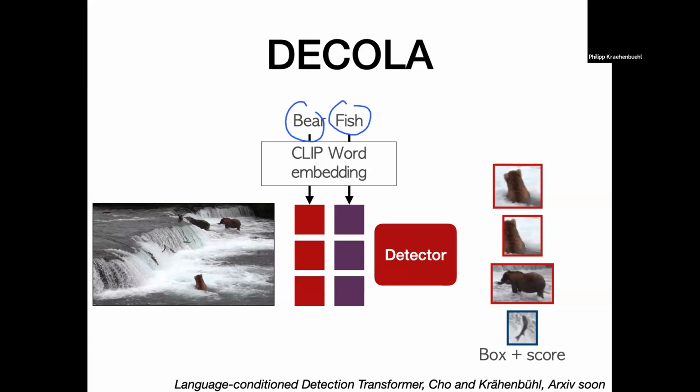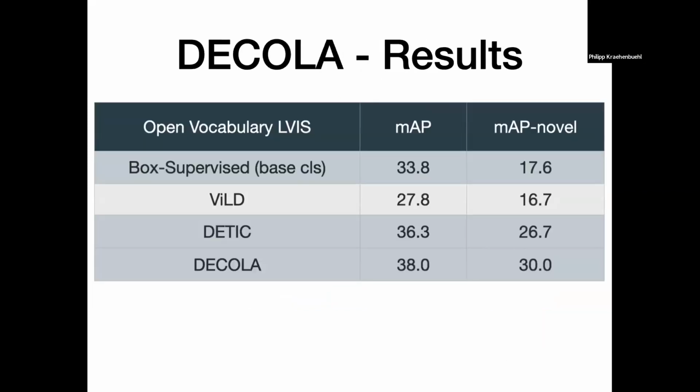Each of the queries is now conditioned on the vectors of the language model. So if you want to reason about bears, we'll produce some queries that specifically look for bears in this image. Now we train it exactly the same way as we train DETIC, and the results are quite encouraging. If you feed in the language model before the entire detector, you can gain about 2 to 4 points depending on what metric you look at.